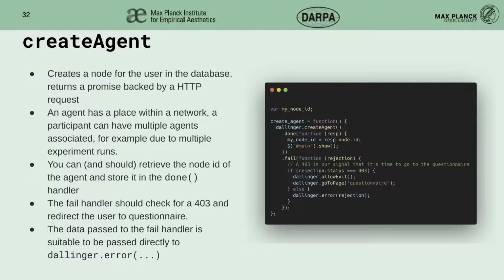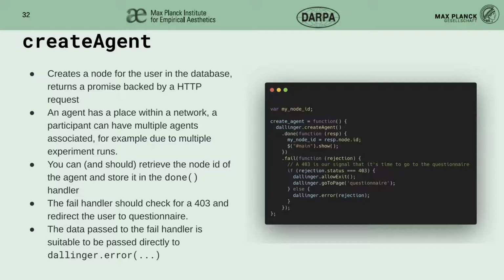And that is the code that will run if the backend decided that it has some more work for that agent. So there you would make sure you store the node ID. The node ID is the identifier of that agent, because you need that to submit the work. That changes every time you call create agent. So for every network, it will be a different node ID. And if you don't have the current one, you cannot submit that user's actions.